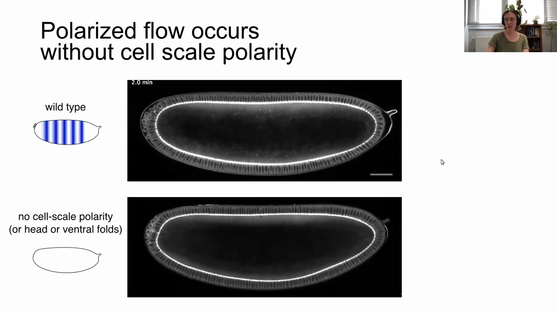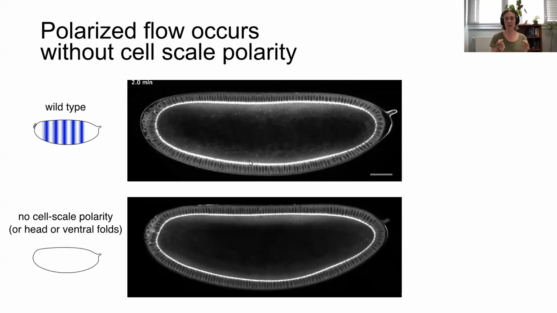So the first thing that came to mind is that we know that there's cell scale polarity in the embryo. So we know that there's some initial genetic patterning of the embryo that allows the cells to actually know where they are in the embryo and to be able, notably, to tell left from right and up from down. And so we thought, maybe these cells are actively crawling or moving in one direction specifically.